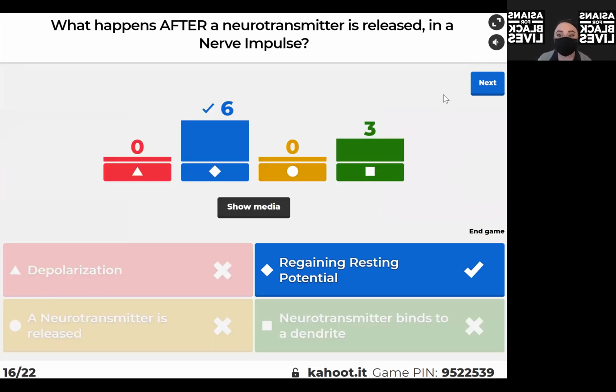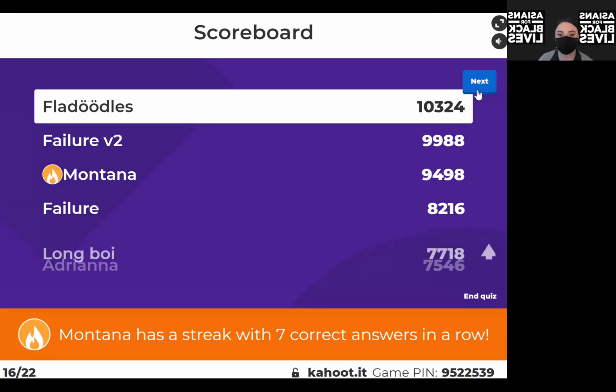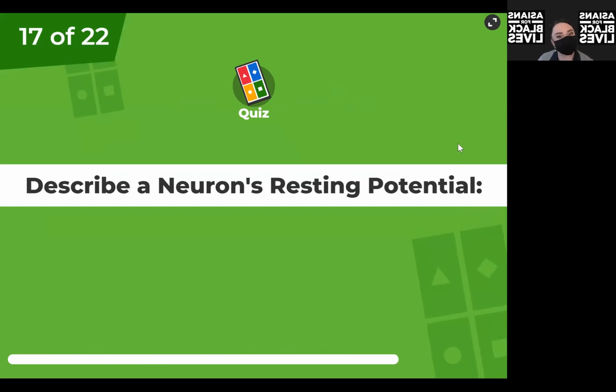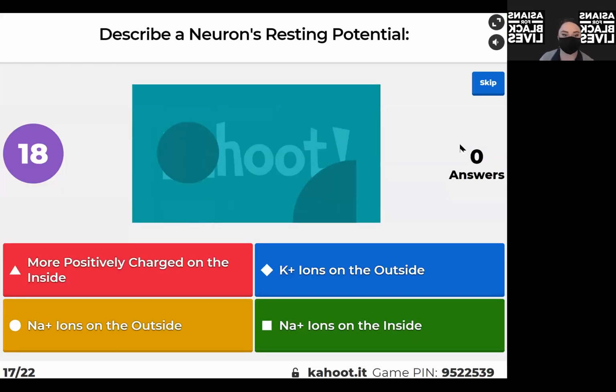The neuron has to regain resting potential. So, who could describe a neuron's resting potential?